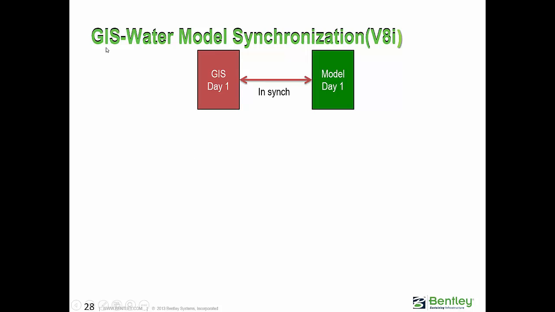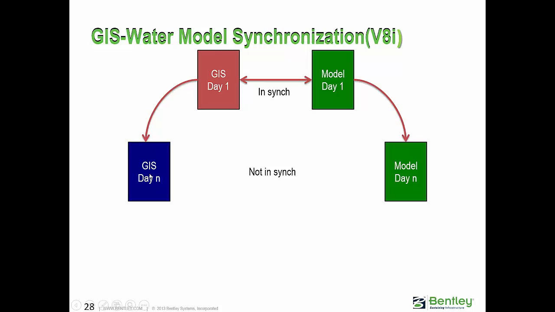So now if you have a GIS wastewater model, you create the model using model builder and you have a SewerGEMS model, right? So on day one, both the databases will be in sync, both the GIS file and the model. Now the GIS team may work for, let's say, 3 months on that model, and at the same time the hydraulic team may work for 3 months on the sewerage network, right?